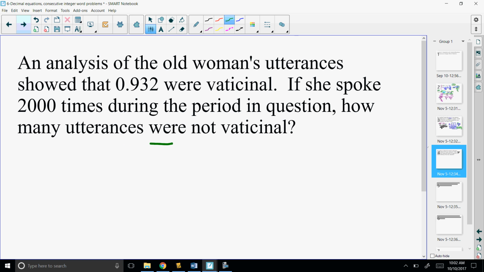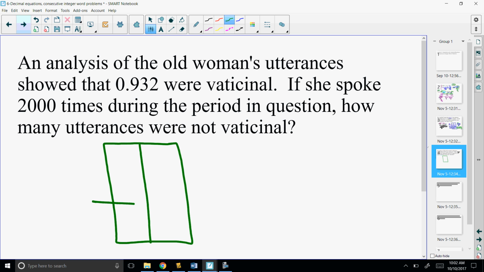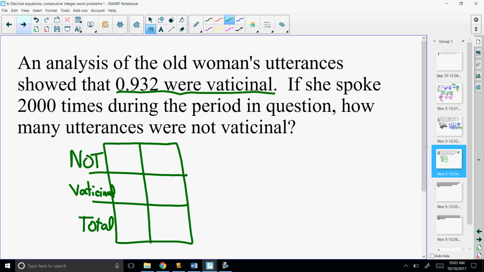But if I look at it as a box diagram, what are my categories? How many are not vaticinal, right? Then we have how many are vaticinal. And then we have what? Total. So as I read through, 932 thousandths were vaticinal.